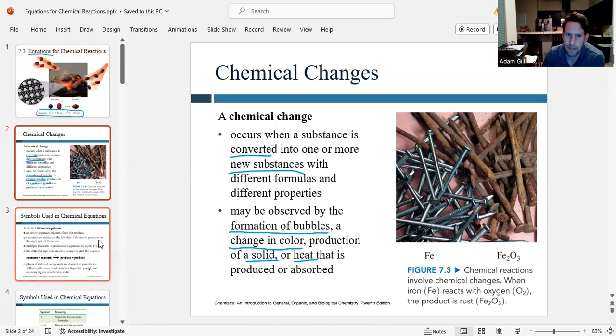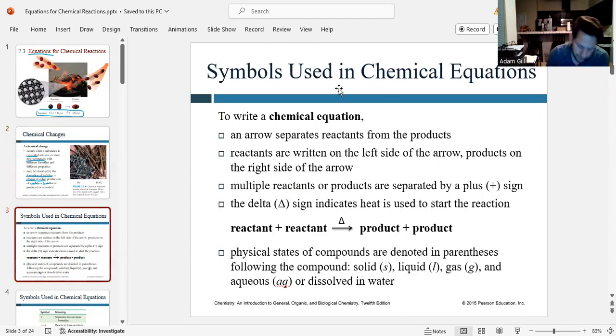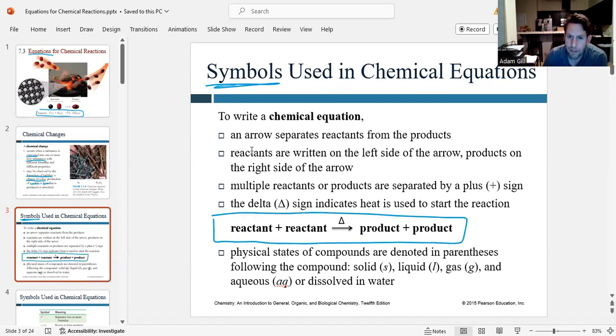So back to the symbols that we use. We use a bunch of different symbols. The general scheme for a chemical reaction looks like this. We have the reactants on the left side and the products on the right side. If there's more than one thing reacting together, we separate them with a plus sign.